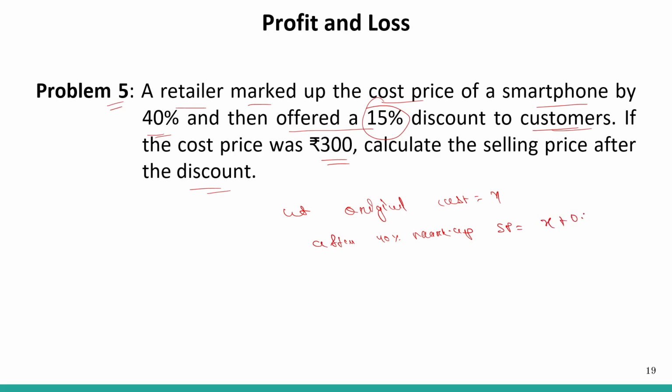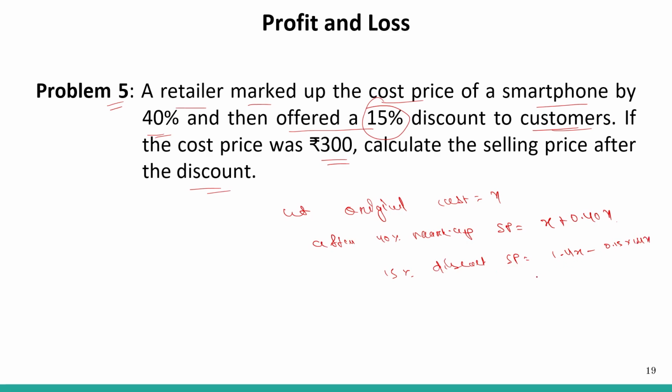X plus 0.40X, right? Then what happened is he offered 15% discount to customers. So after 15% discount, SP is equal to what? So this will be 1.4X minus 0.15 into 1.4X.